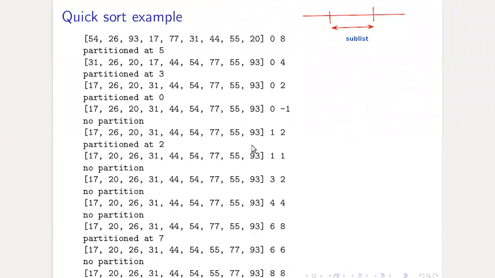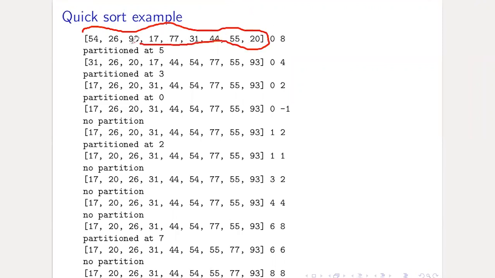So let me show you an example here. This is the original list that is given to you, and you are given the first item as 0th location, and the last one as the 8th location.